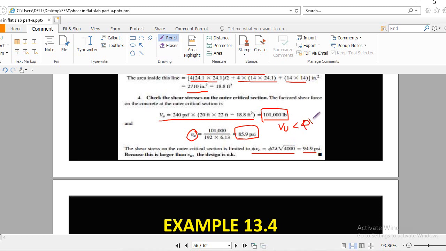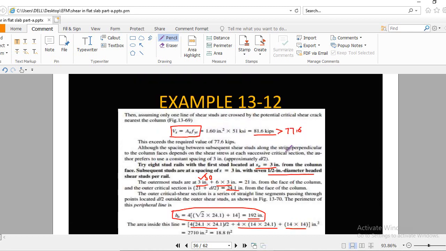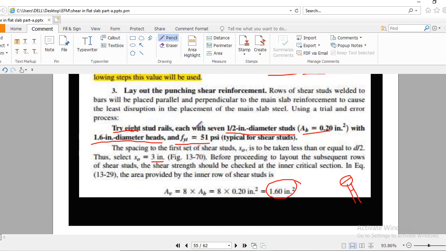But remember, this is stress, not shear force. This is a stress value. So the acting shear stress is less than the capacity of the section. So that's why our final design will be what?